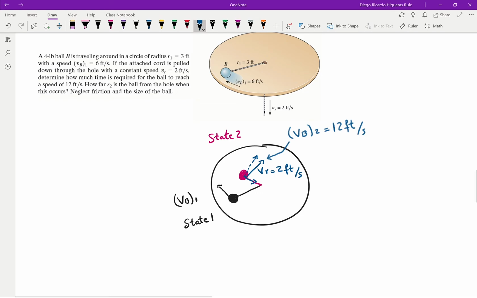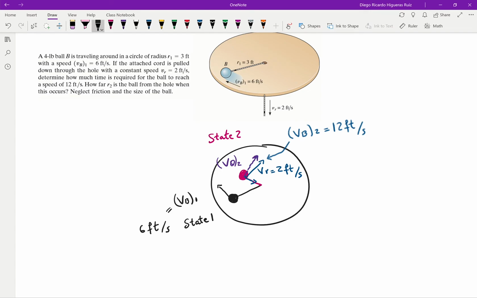And this velocity right here, I'm going to call V theta 2, and V1 given in the problem is 6 feet per second. There we go. Okay, so my analysis is done.